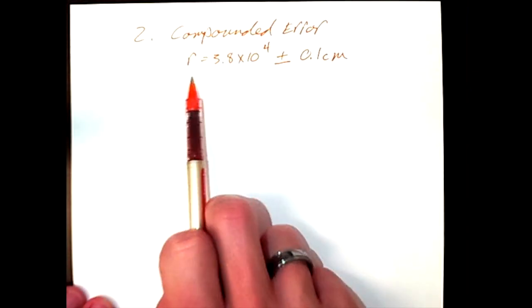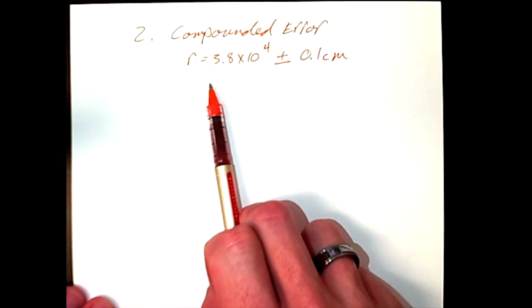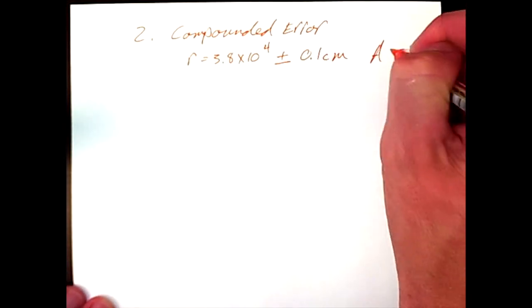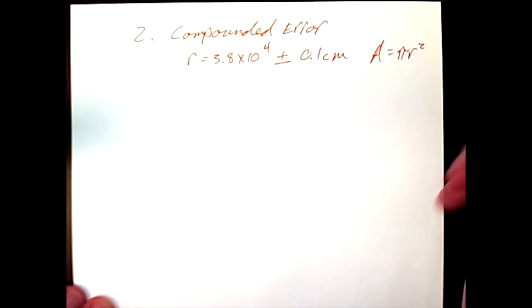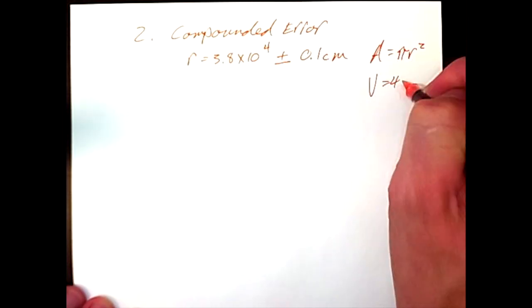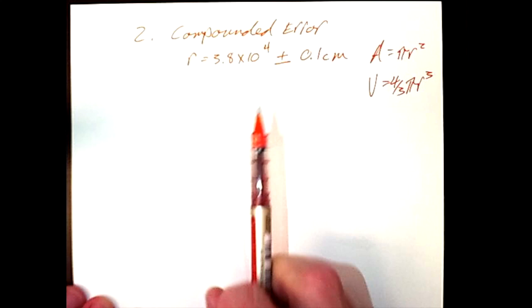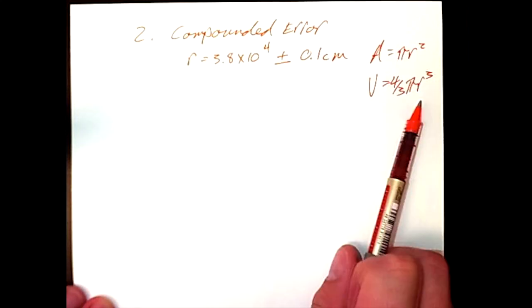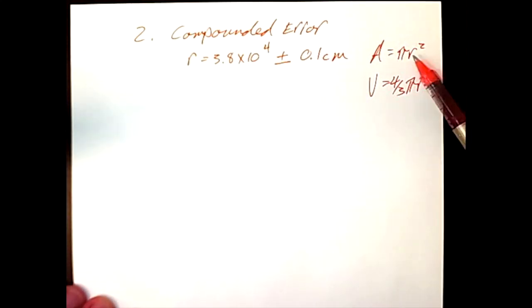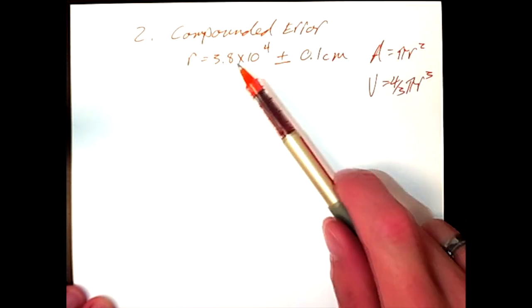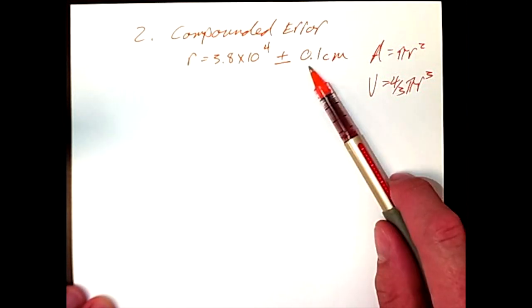If we're going to calculate anything using that radius, so area as pi r squared or volume as 4/3 pi r cubed, when you carry this radius through these calculations, you are going to multiply the radius, but you're also going to multiply the error.